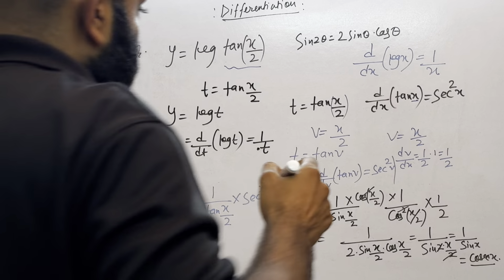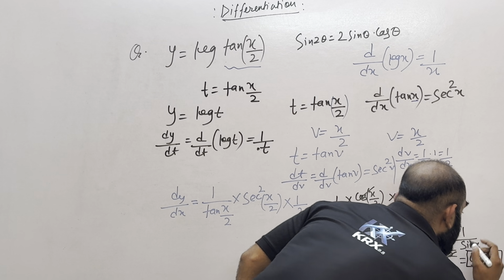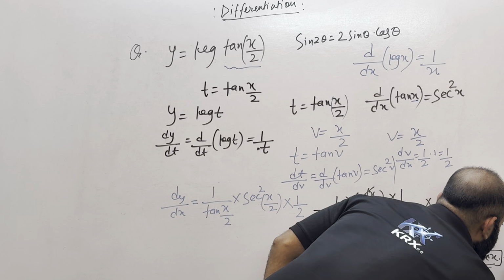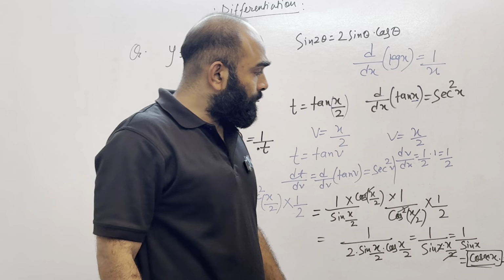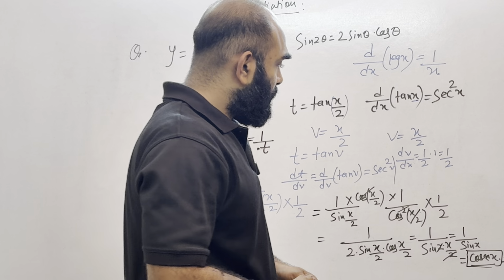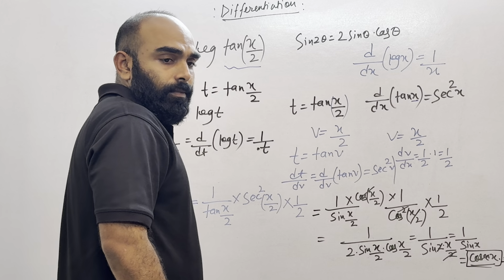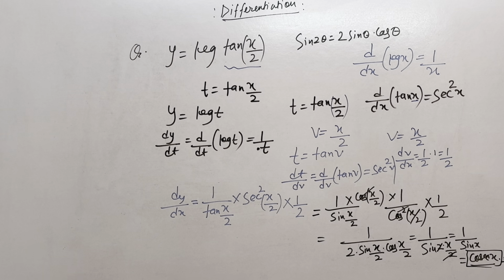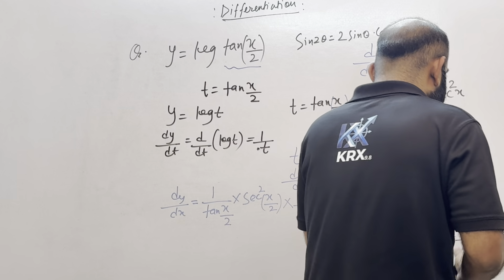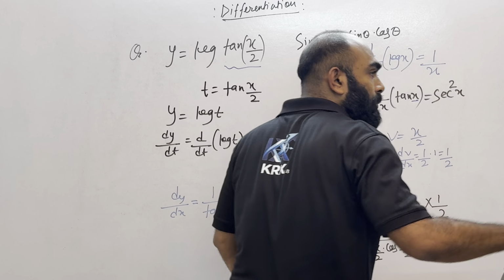Okay, this is your final answer. Cosec x, 1 by sin x is nothing but cosec x. Let me see things are coming or not. I can write it here. Understand up to here, na?